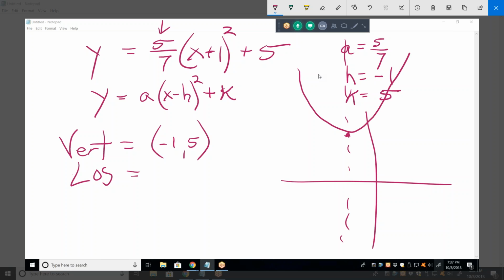Well, -1 is a point. It's this point right here. That's not what they want. They want the equation of that line. And equations of lines, vertical lines are x equals something, horizontal lines are y equals something. So that's the answer for the equation for the line of symmetry.